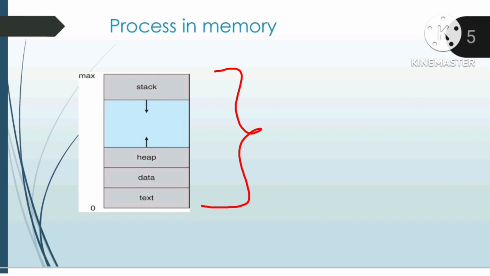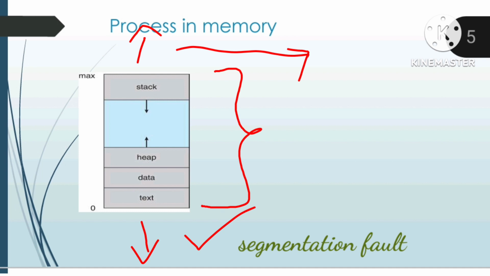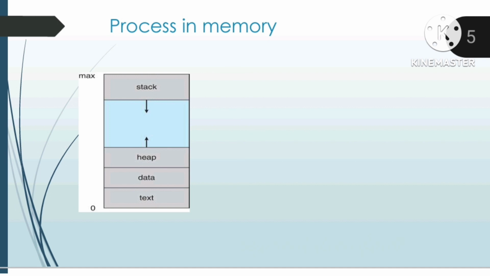So everything that is required by this process will be in this, and the operating system, while executing this particular process, should never cross the boundaries of this process. Anything that you write here should access only this part. You should not access the other part, otherwise you will get a segmentation fault.